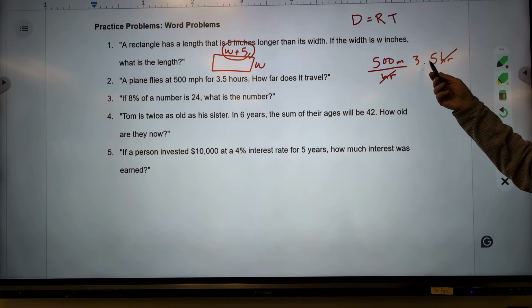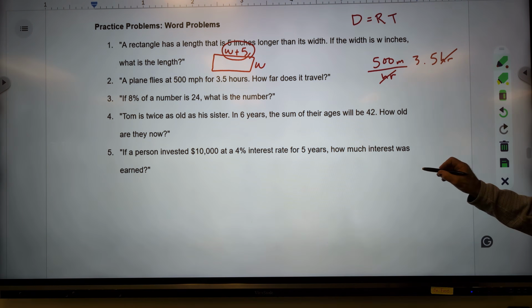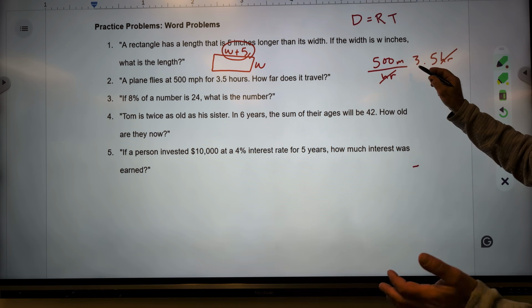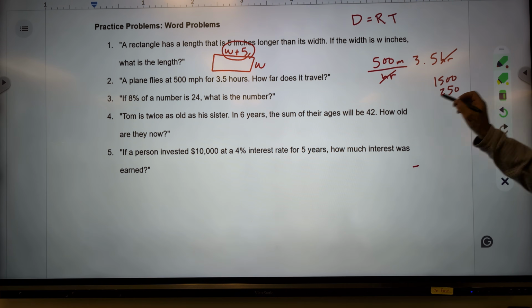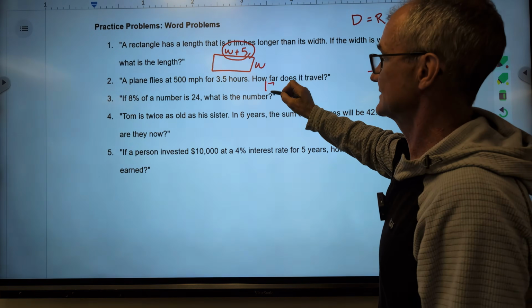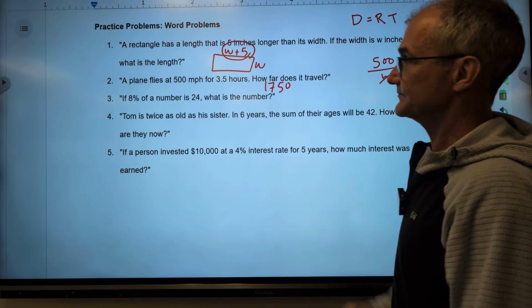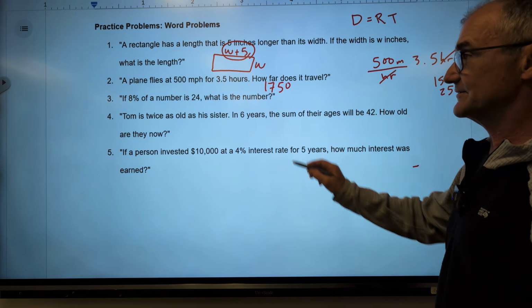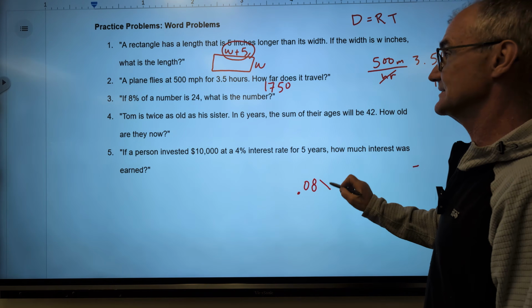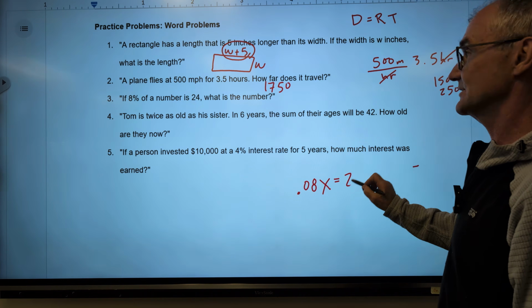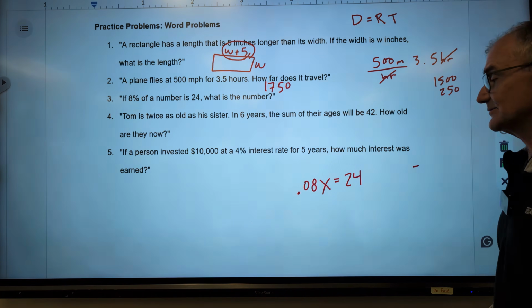So I do 500 times 3.5. 500 times 3 is 1,500. And then I still need the 0.5. Half of 500 is 250. So that's going to give me 1,750.